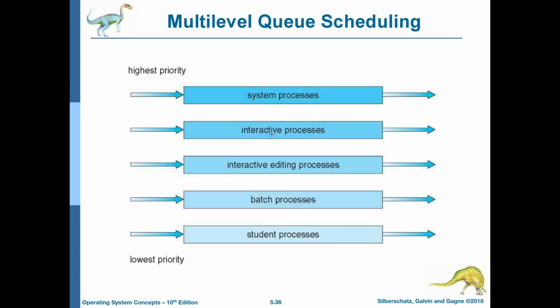And so we can see here's a 5-level queue. We have system processes at the very highest priority. This might be a shortest job first, but very rarely do system processes get put here, only when they're absolutely needed. Interactive processes, these are where most of the user space processes end up.